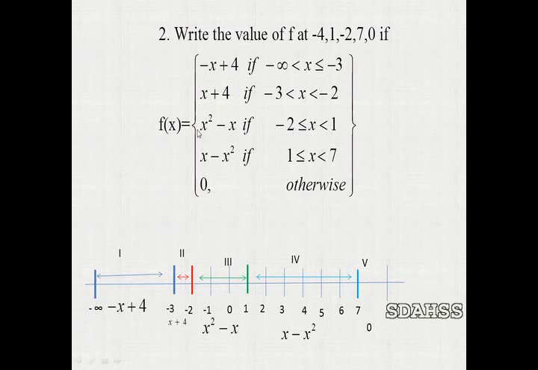Its function is x square minus x. The fourth interval is 1 to 7. Its function is x minus x square. The last interval is otherwise, 7, 8, 9, 10 and so on. Its function is 0.